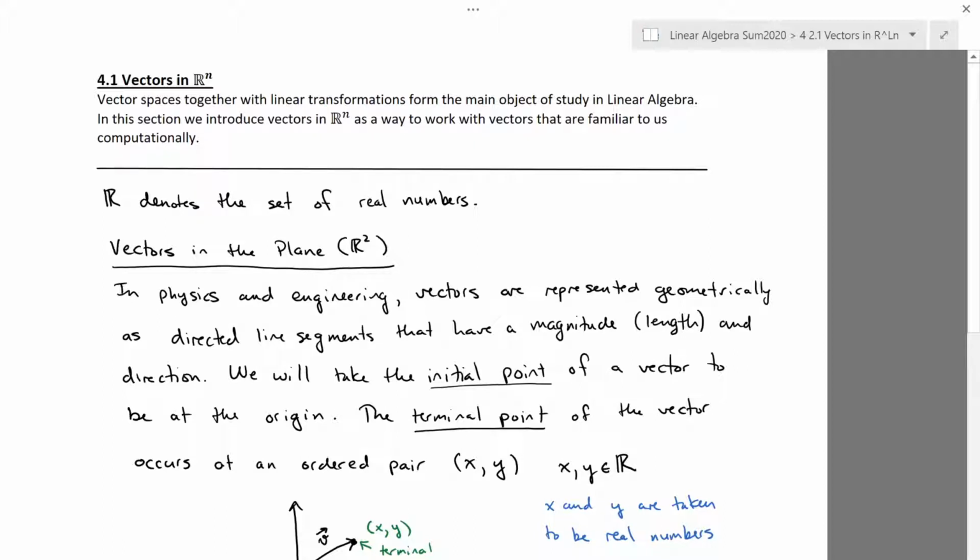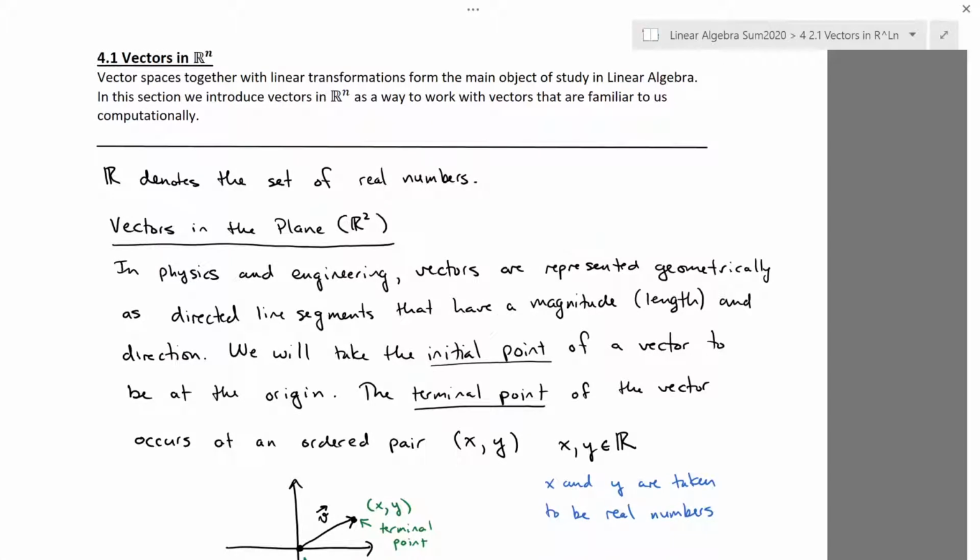In this section, we're going to look at vectors in Rn as a way to work with vectors that are familiar to us computationally. And then in the next section, we'll look at more general vector spaces.